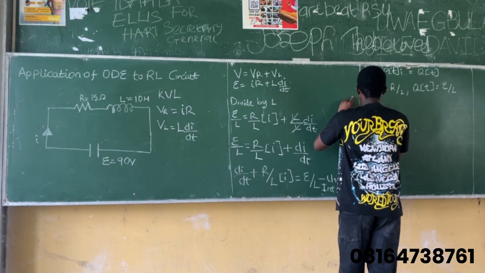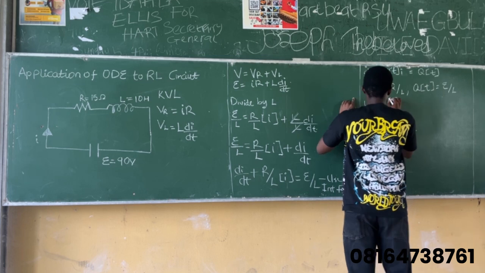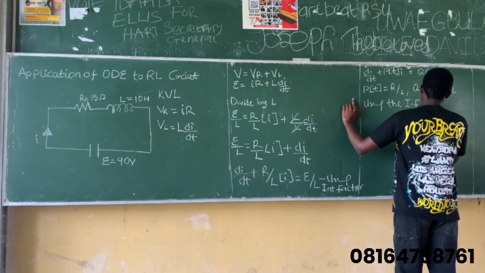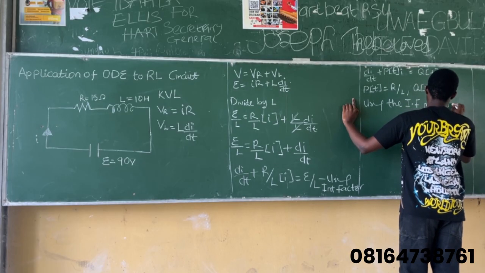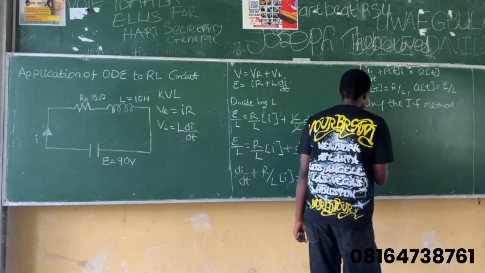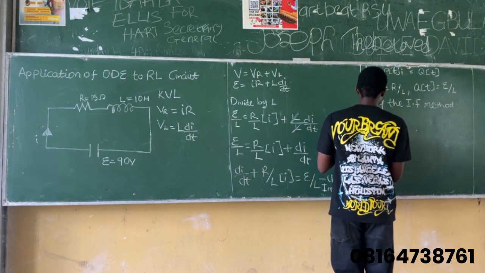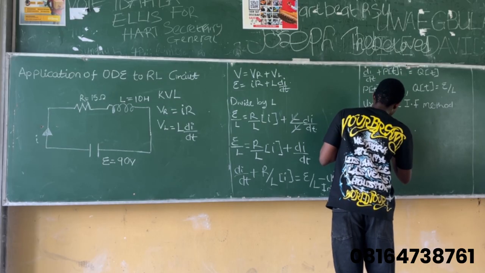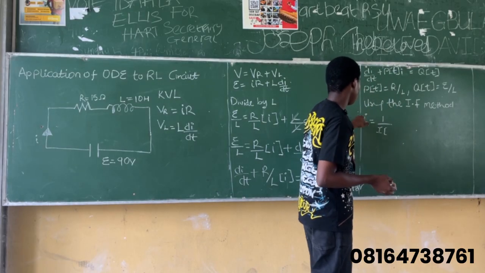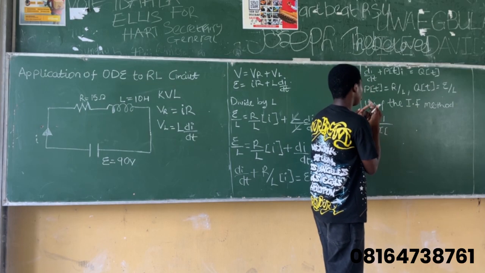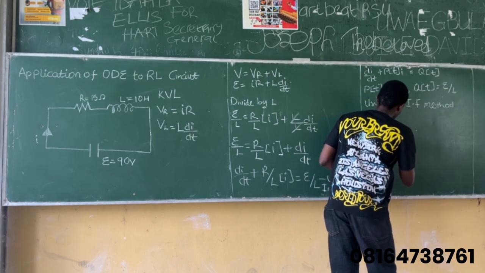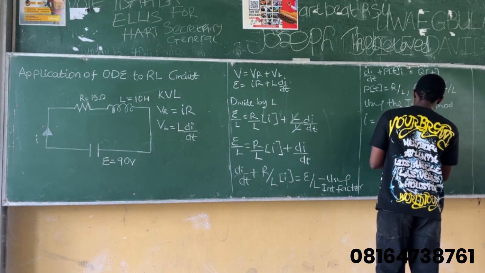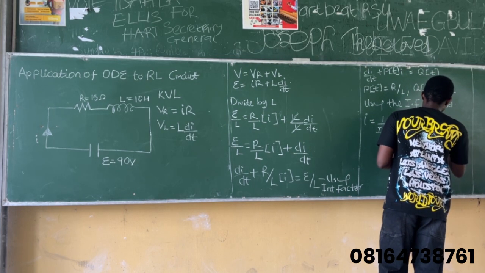Using the integrating factor method, the method states that I, which is the current in the circuit, is equal to 1 over the integrating factor, I of t, since we are differentiating with respect to t, all in brackets, integral of I of t times Q of t.